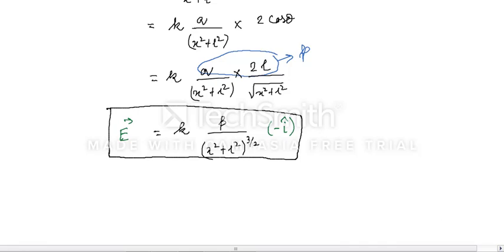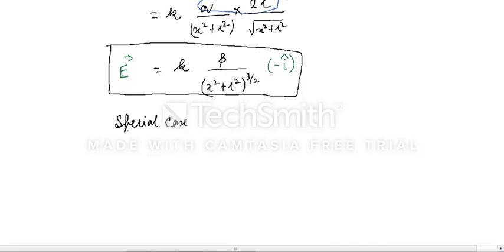at an equatorial point. If we take a special case where x is very much greater than L, then what can we write? Then we can write electric field E equals kp by x cube minus i cap.